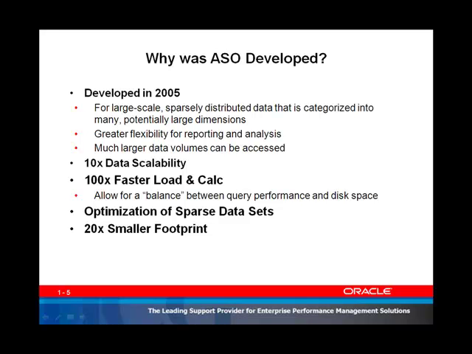It supports much larger dimensions than block storage, as well as a greater number of dimensions. ASO allowed for much greater scalability. On average, it was actually 10 times more than block storage. Batch windows defined by the load and calculation time was on average 100 times faster actually. It was able to do this while even having a smaller footprint than a block storage database.